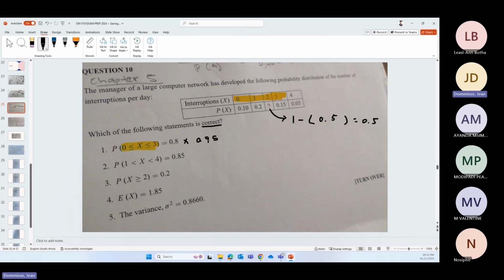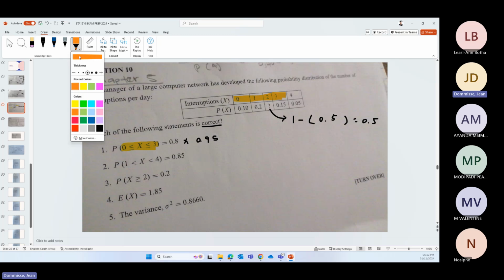We could have gotten it by saying 0.1 plus 0.2 plus 0.5 is already 0.8, plus 0.15 is 0.95. So that is if we have 3 including 3 up until 0 including 0.